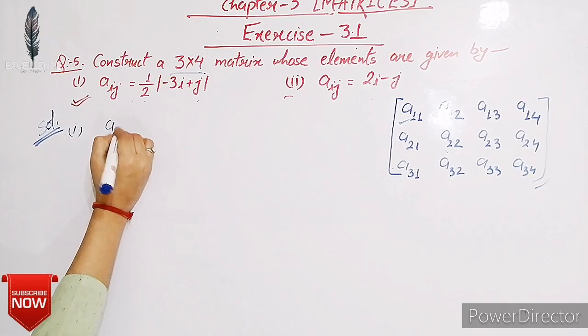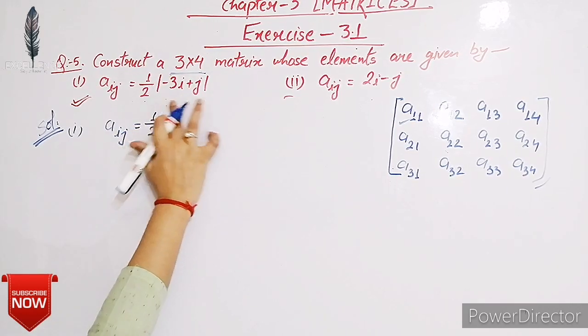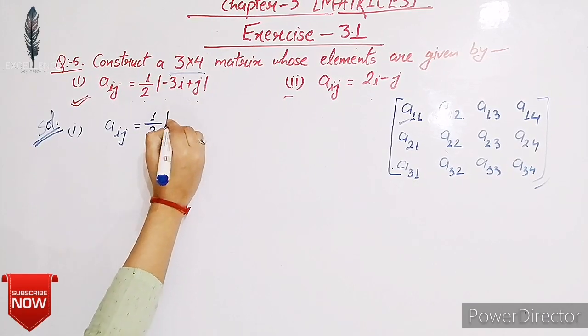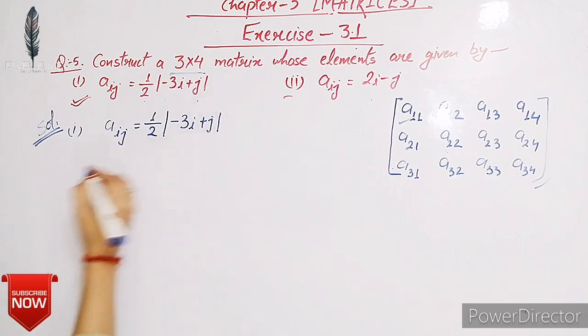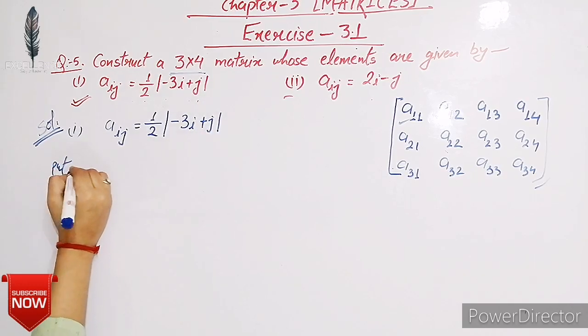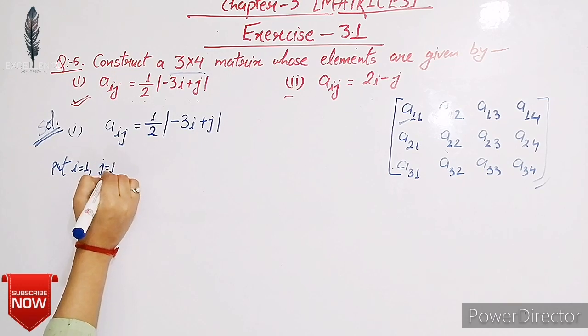In first part, the position of element is given by Aij is equals to 1 by 2 mod minus 3i plus j. Okay. First, put i equals 1 and j equals 1.